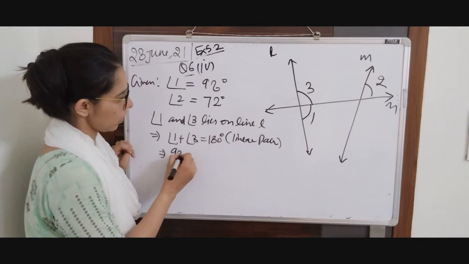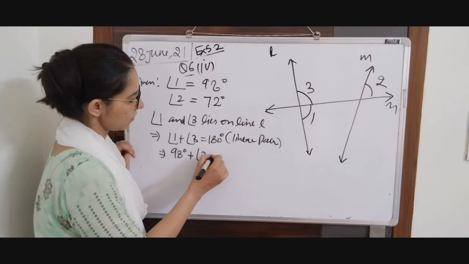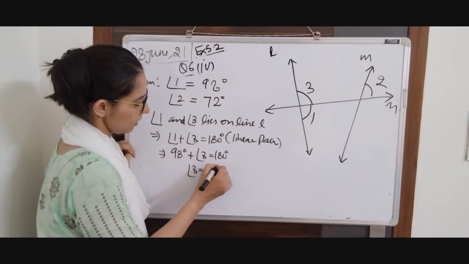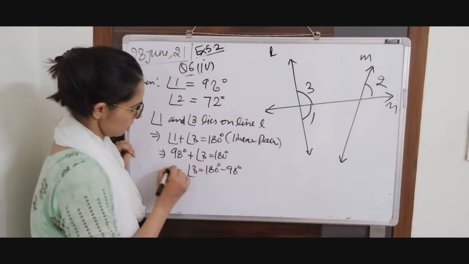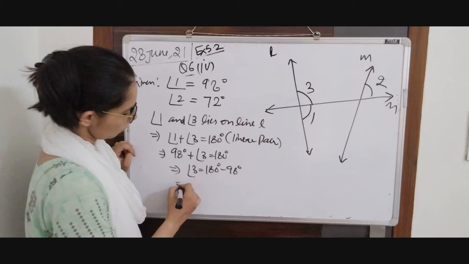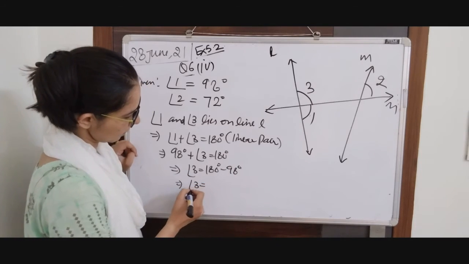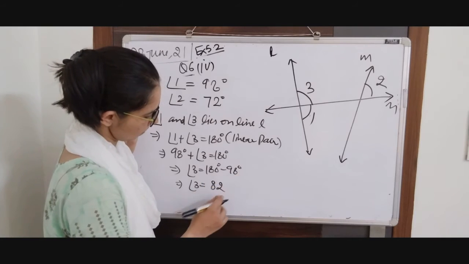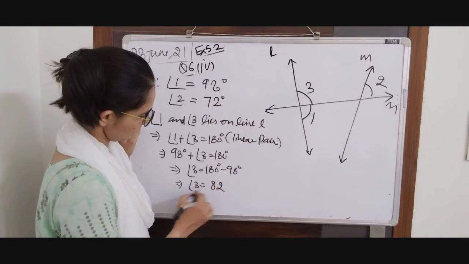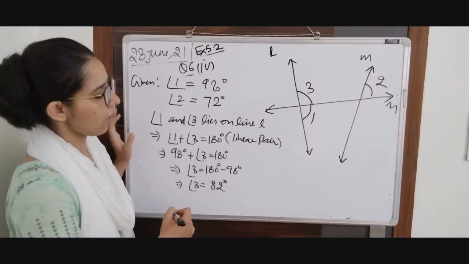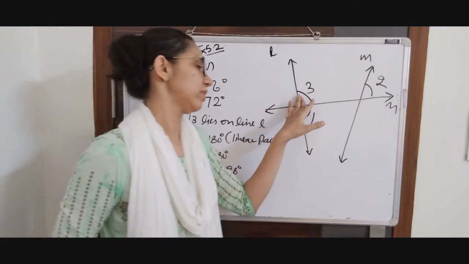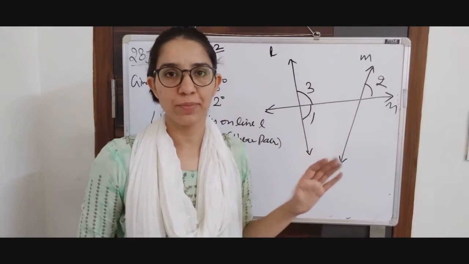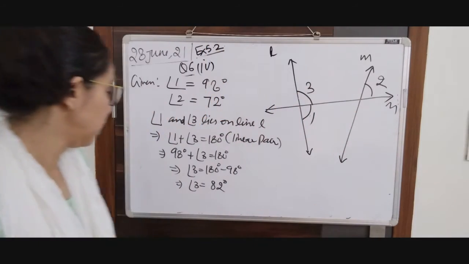Angle 1 is given to us as 98, implies our angle 3 is going to be 180 minus 98, which is going to be equal to 82 degrees. Now our angle 3 is 82 degrees, and angle 2 and 3 are corresponding angles because of their placement.